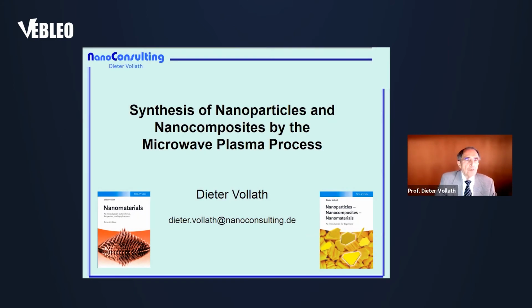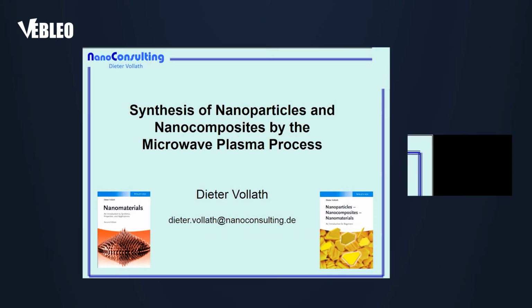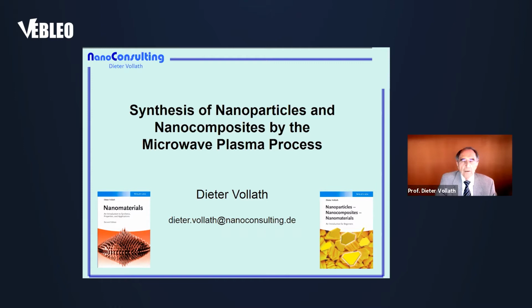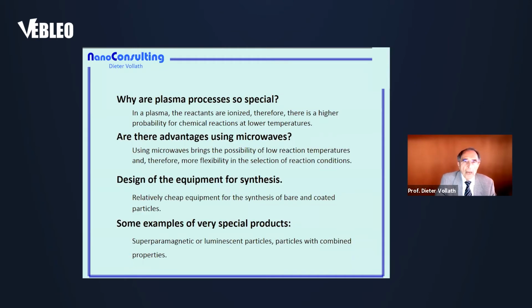It is a great pleasure for me to tell you something about our work on synthesis of nanoparticles and nanocomposites using the microwave plasma process. The first question that you may have is, why are plasma processes so special?